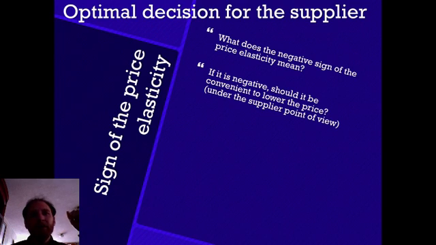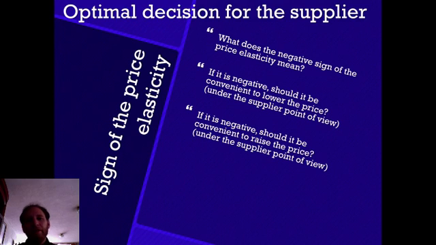If the quantity demanded increases maybe only 1%, it won't be convenient to lower the price, right? But what might happen, for example, if I lower the price only 1% and the quantity demanded increases 10%? In that case, it is convenient to decrease the price. So it depends on the situation.